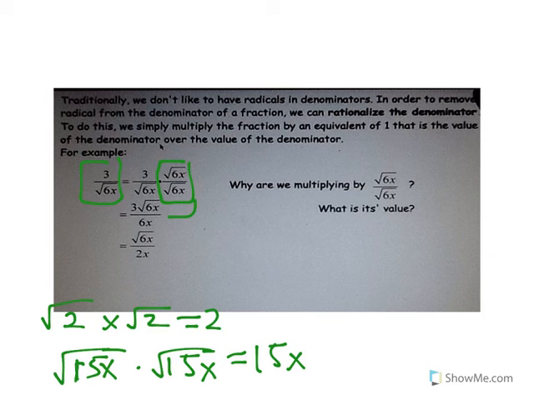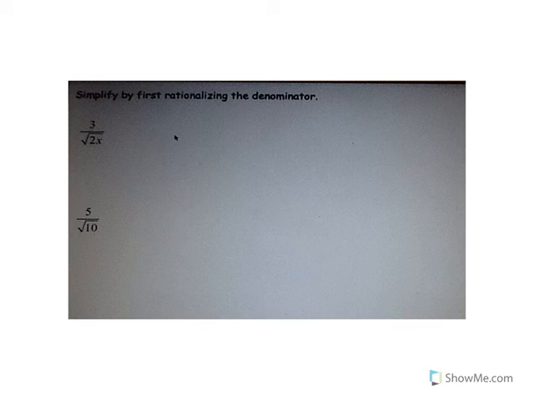But we're then moving the radical 6x to the top, and changing the bottom so it's an actual full number. And then you're simplifying afterwards like they did here, the 3 and the 2, that can simplify to 1 over 2. This is equal to 1. Remember, you can always multiply by 1.